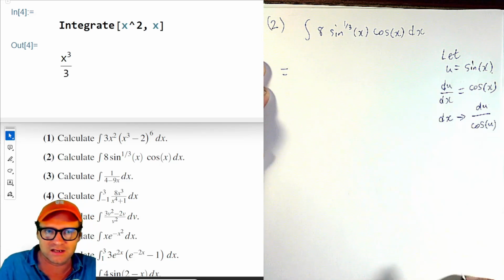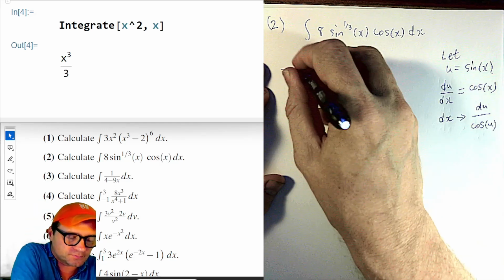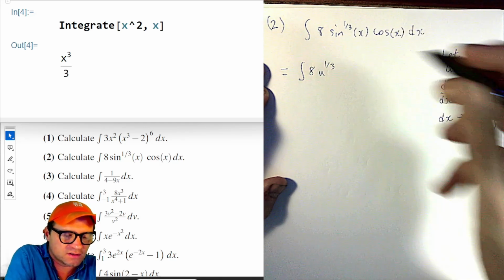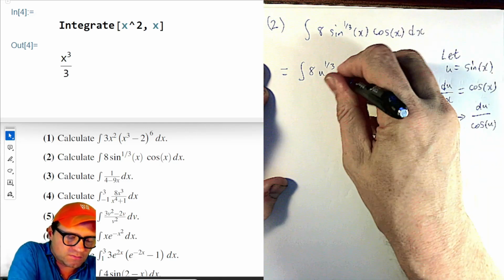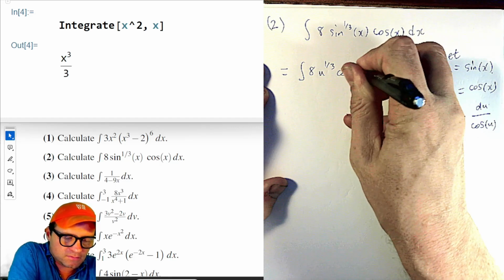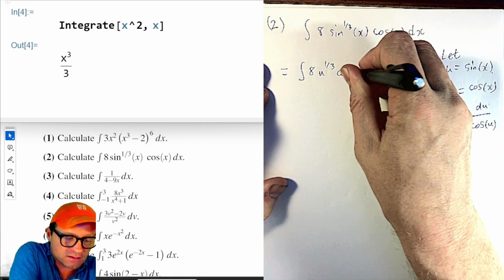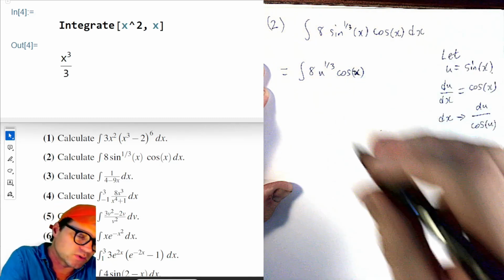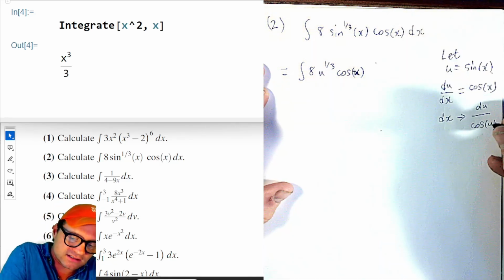So this then is equal to 8 u to the power of 1/3 cos x, and then the dx can get replaced with du over cos x. Now this should be cos x down here as well.